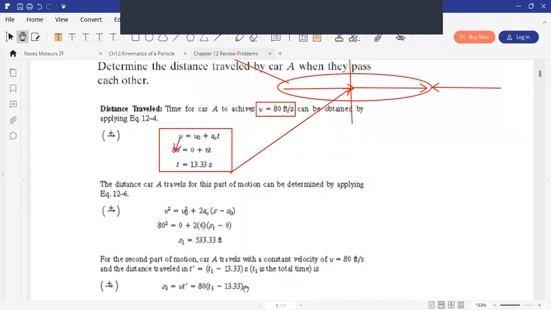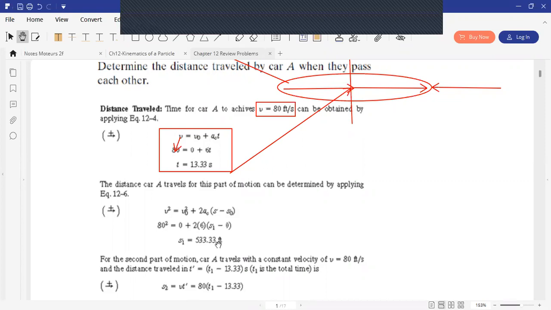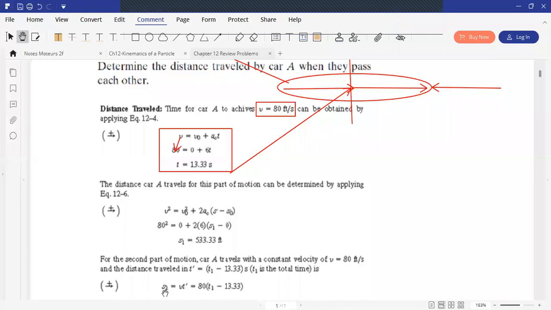I will try to explain for you why they did this, and if you don't understand, we can go back to integration. What they did is, first, you have initially your S1 was equal to 533.33.